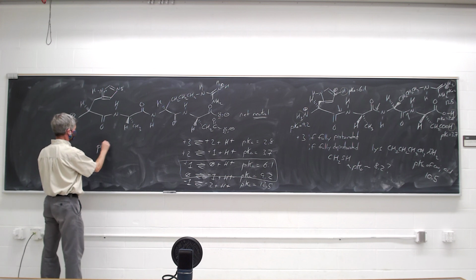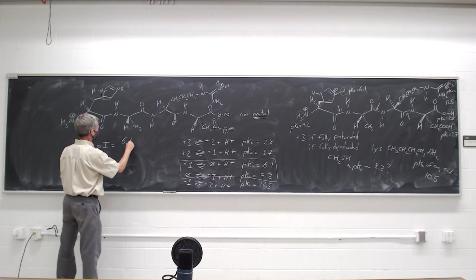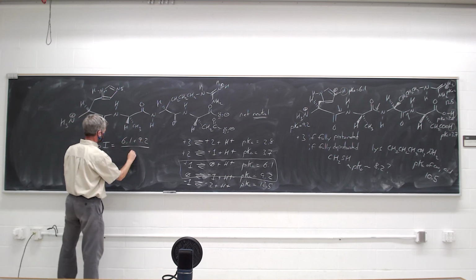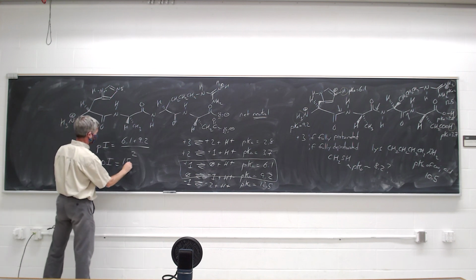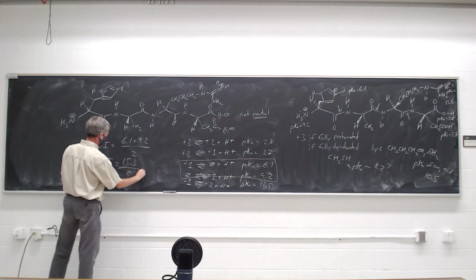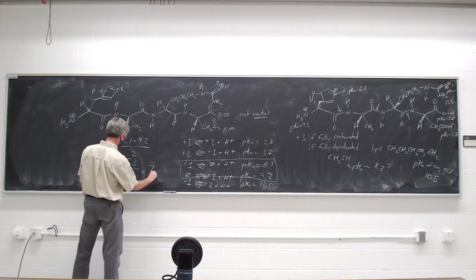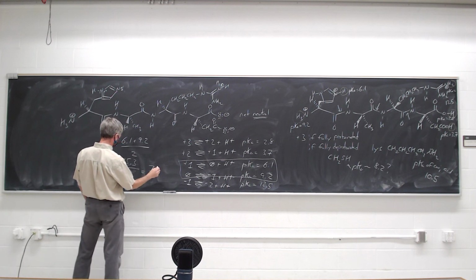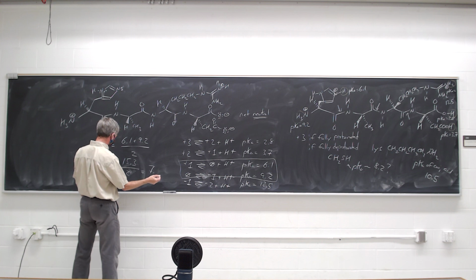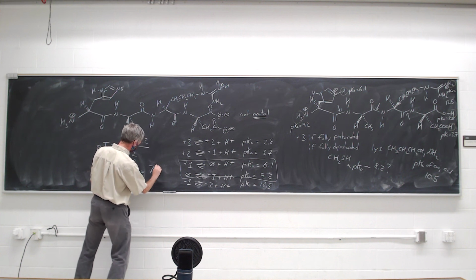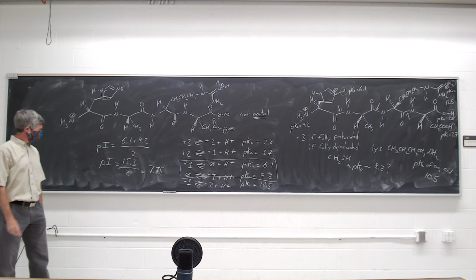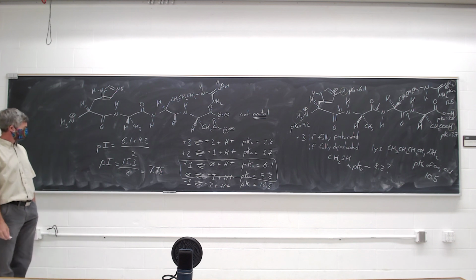So my pI is equal to the sum of those, 6.1 plus 9.2, divided by 2. Why can't I do that? 7.75. Is that right?